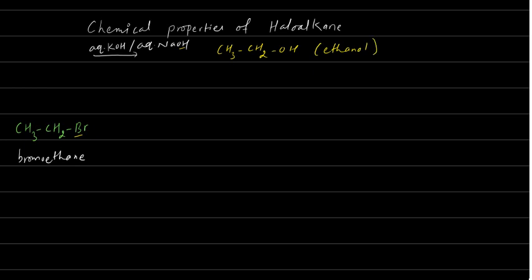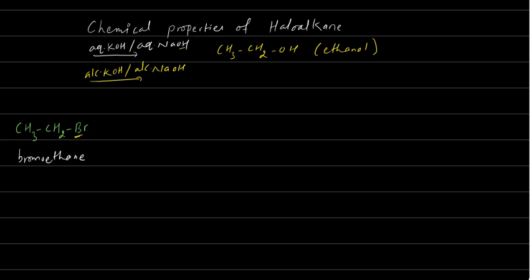But if we use alcoholic KOH or NaOH, the product formed is not alcohol. Here an elimination reaction occurs. That is dehydrohalogenation. It means hydrogen and halogen are removed from the carbon.